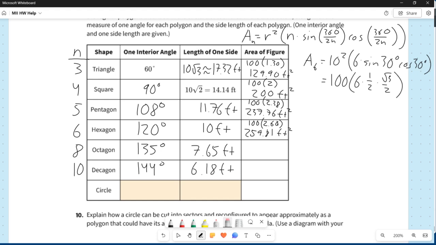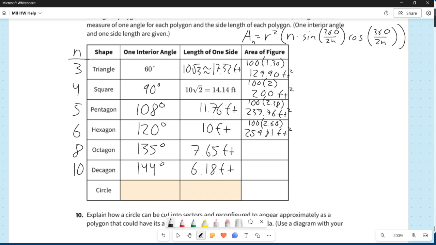And now for the octagon and decagon, we're going to be a little reliant upon our calculator here, if we weren't already. So our area for 8 is going to be 10 squared times 8 times, if n is 8, 360 divided by 16.